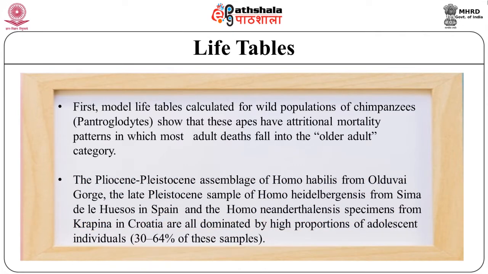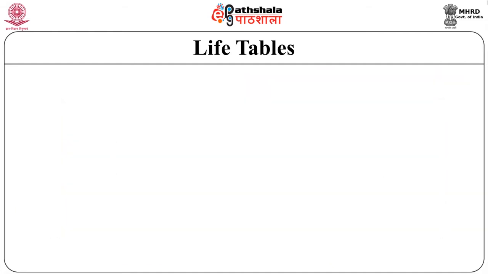The Plio-Pleistocene assemblage of Homo habilis from Olduvai George, the Middle Pleistocene sample of Homo heidelbergensis from Sima de los Huesos in Spain, and the Homo neanderthalensis specimens from Krapina in Croatia are all dominated by high proportions of adolescent individuals, that is, 30 to 60% of these samples.